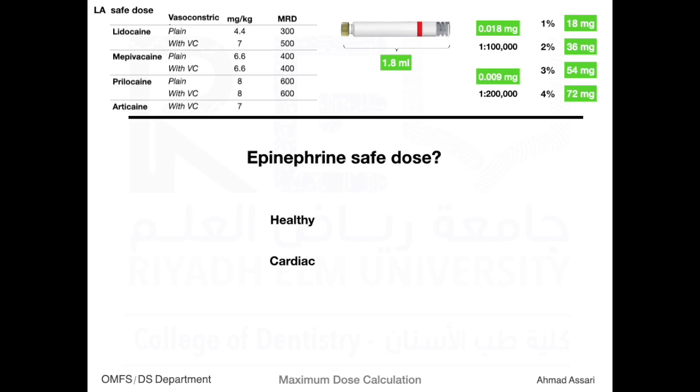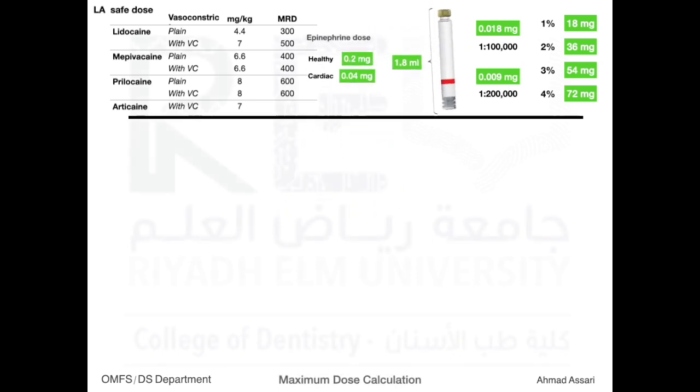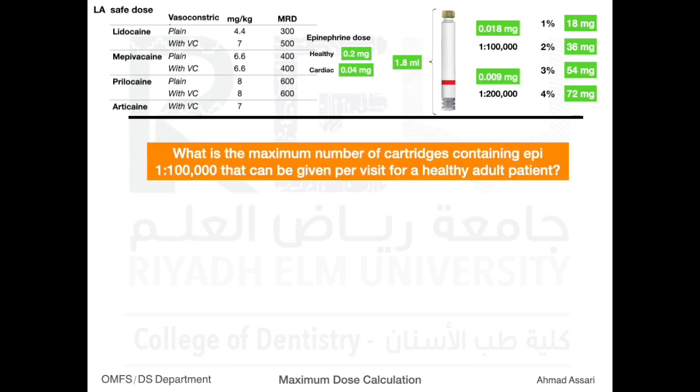The safe dose of epinephrine for healthy patients is 0.2 milligrams, whereas in cardiac patients it is 0.04 milligrams.